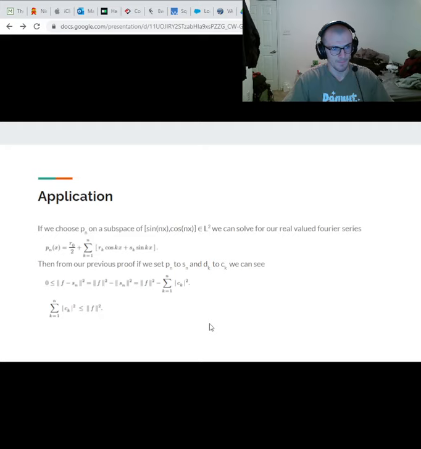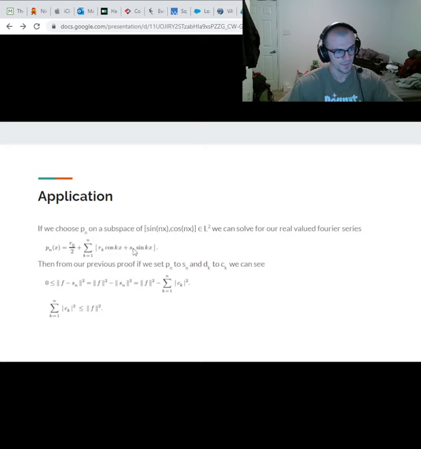So we're going to take the subspace of sines and cosines on this Hilbert space L squared, and we can choose a P sub n right here such that our orthogonalities are cosine of kx and sine of kx, and our constants are r sub k and s sub k.